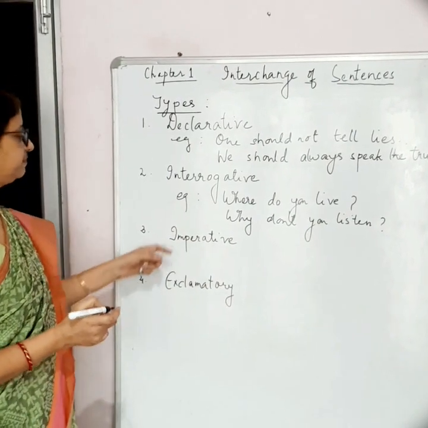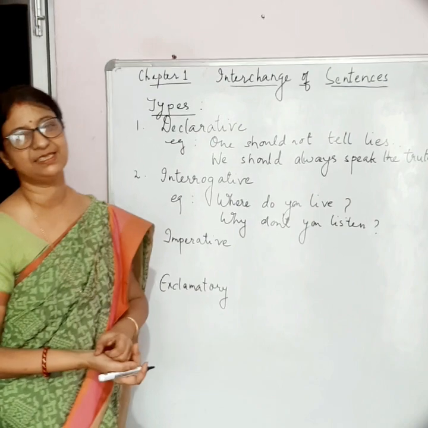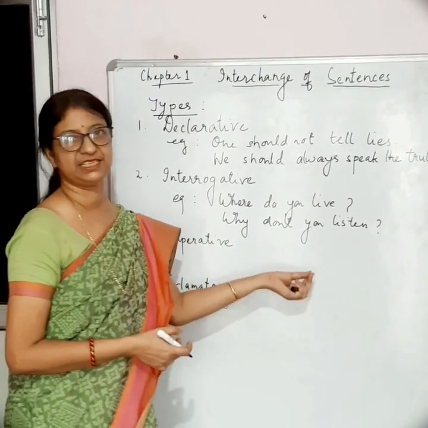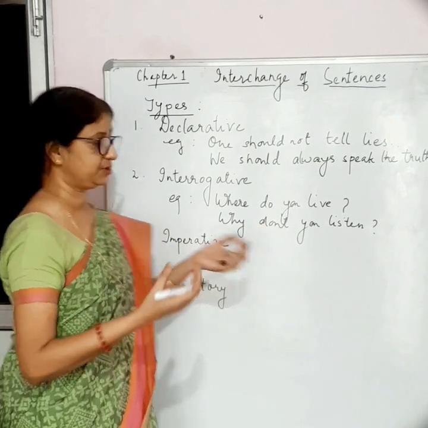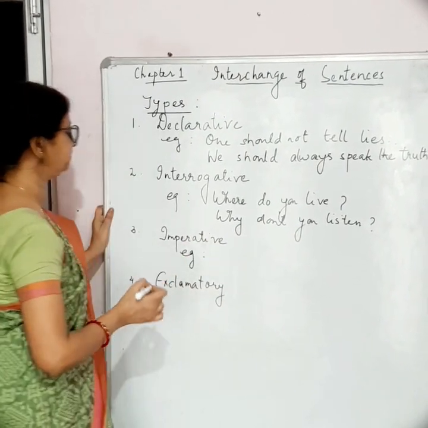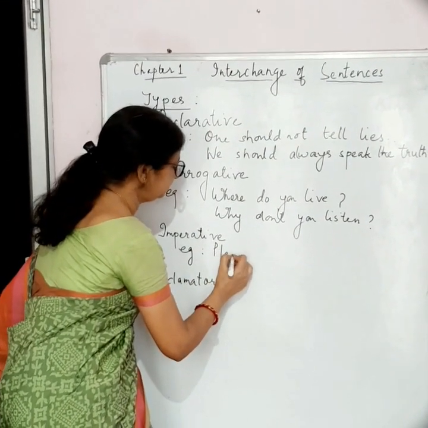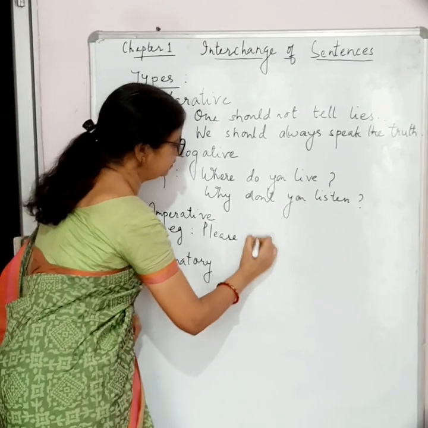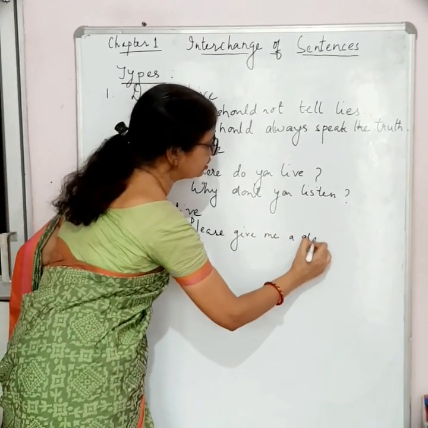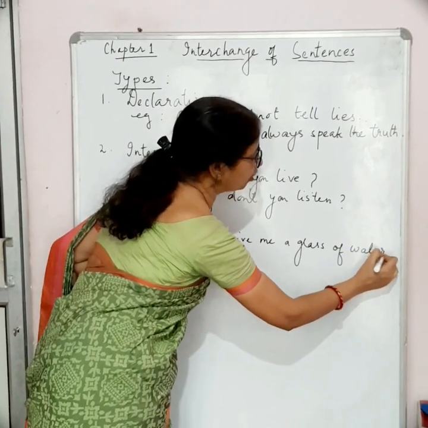Third type of sentence, imperative sentence. An imperative sentence is an order, a request, a plea, an entreaty, whatever you say. Okay? So, let's give one example. Please give me a glass of water.